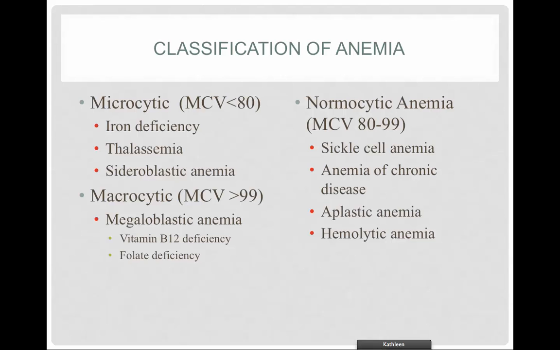This is a diverse collection of hematological medical conditions that involve ineffective production of the myeloid cells in the bone marrow. Normocytic anemia, MCV of 80 to 99, can be sickle cell anemia, anemia of chronic disease, aplastic anemia, or hemolytic anemia.